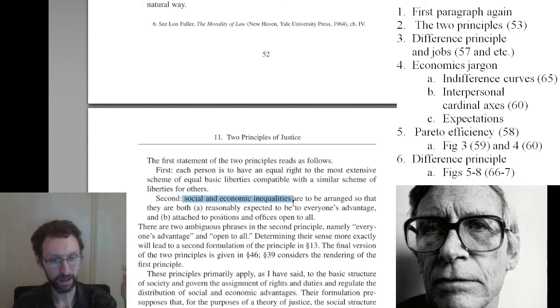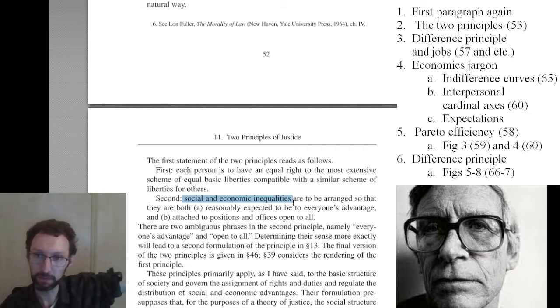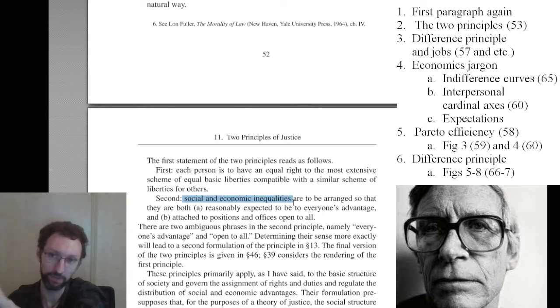So for instance, imagine we have a society where everybody earns 500 rupees. That would be okay according to the difference principle because that's equality. And then we have a possibility of paying some people 900 rupees, this is per day. Some people could instead earn 900 rupees per day, and then everybody else would earn 700 rupees per day.